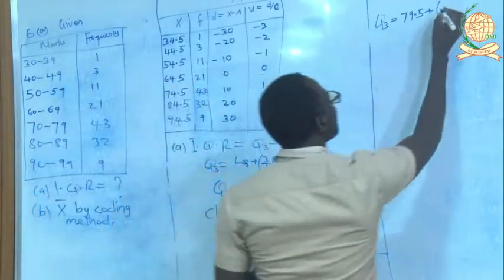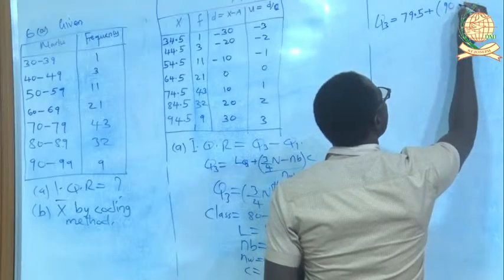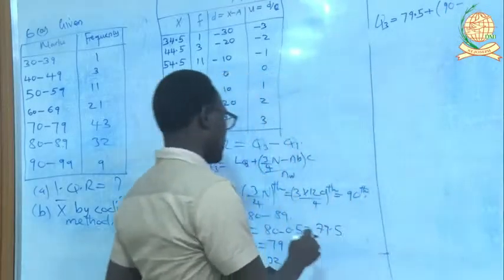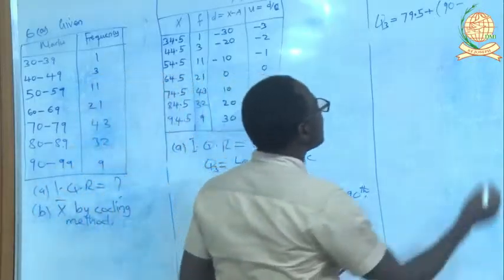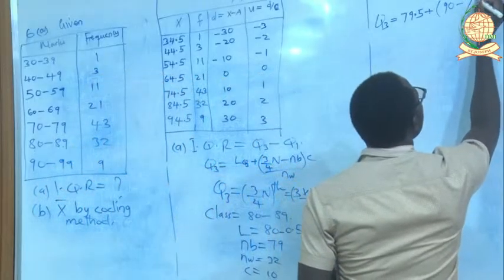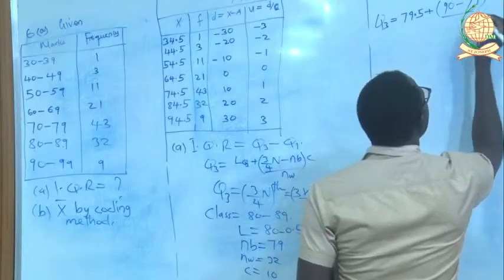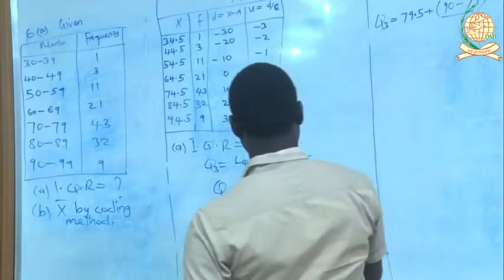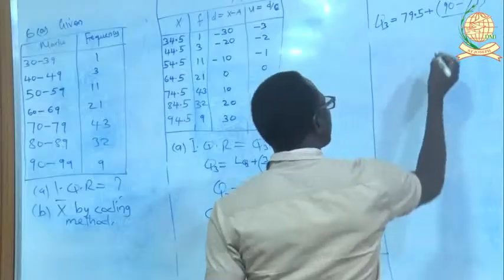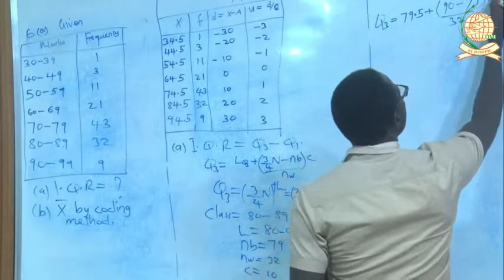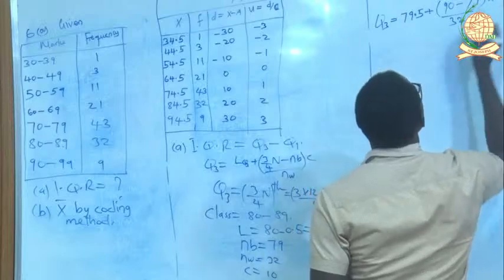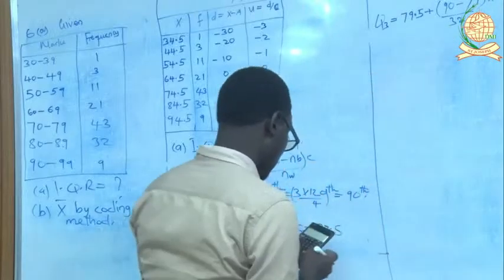So you have there 90 minus NB, which is 79, divided by NW, 32, times C, 10. Now solve that one, use your calculator.